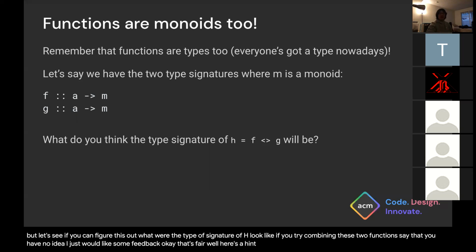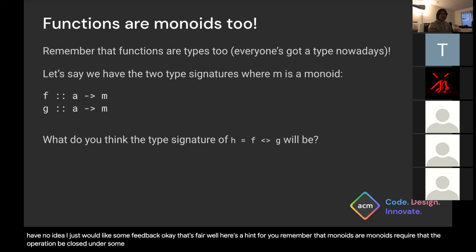Well, here's a hint for you. Remember that monoids require that the operation be closed under some set. So what set do F and G belong to? Yeah, Zhao's got it.